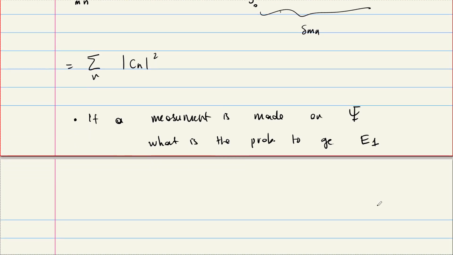And this one, you should immediately answer, because this is not a calculation question. So what is the answer to that? What is the probability to get the nth state from this psi given to us?